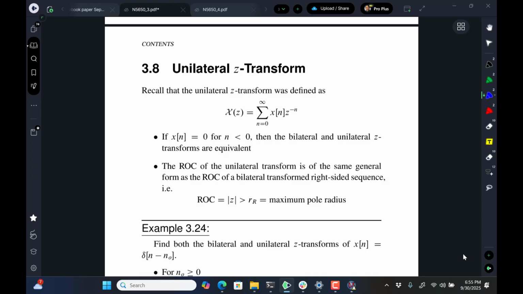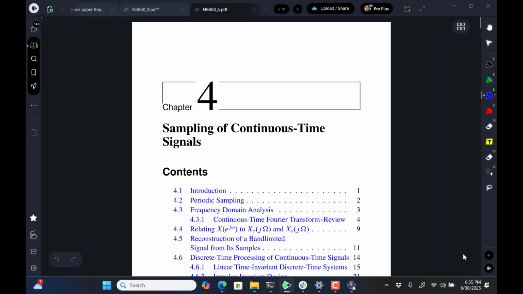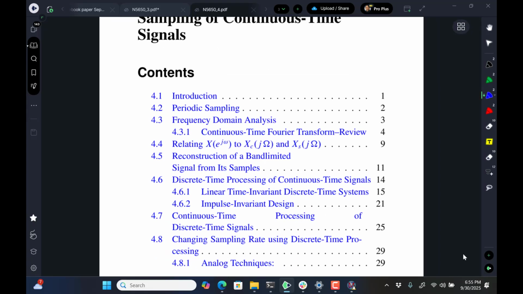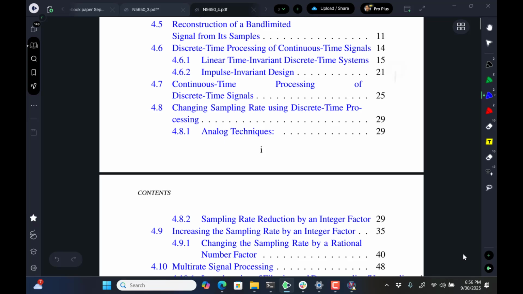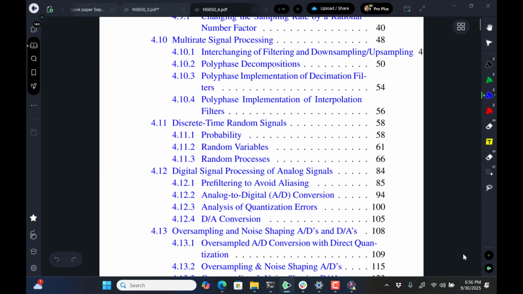I had hoped I might see what this is going to be. This is the next chapter where we'll start next week. This chapter is very long because random processes get included. So in the middle of this, we'll jump back into probability, random variables, and random processes.